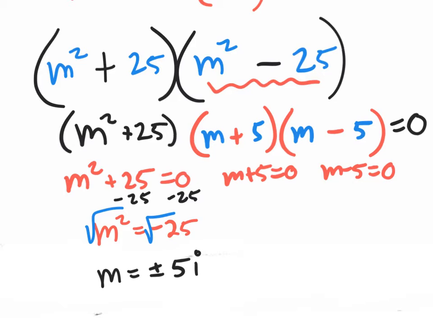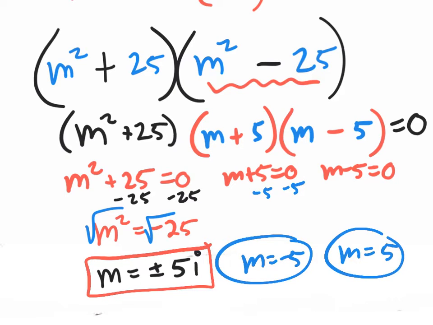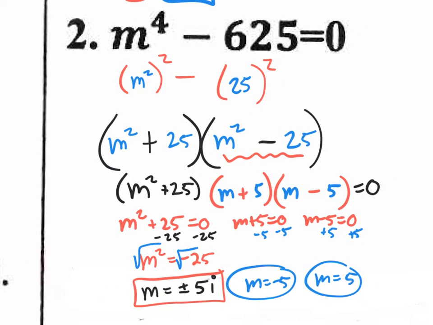So this is actually two answers to the original quartic equation. And we're going to get two more answers by continuing to solve. You're going to get m equals negative 5, and you're also going to get m equals positive 5, if you show your work there. So these are the four answers to this quartic equation.